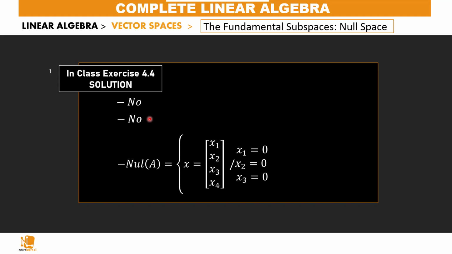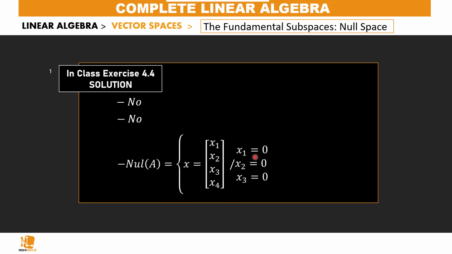For the third question, after solving the system of linear equations, you should obtain x1 equals 0, x2 equals 0, and x3 equals 0. So this means normally this is actually the null space of A. But recall that when defining the null space of A, we said the 0 vector of Rn should be excluded.